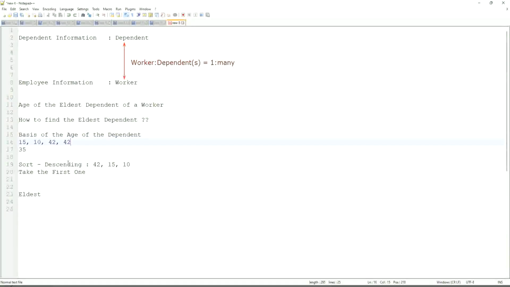Okay. But in this case, let's say, even if you have more numbers like 42, 43, 75, 82, and so on. If one worker has so many dependents with these ages, will our logic that we have defined be absolutely bulletproof?